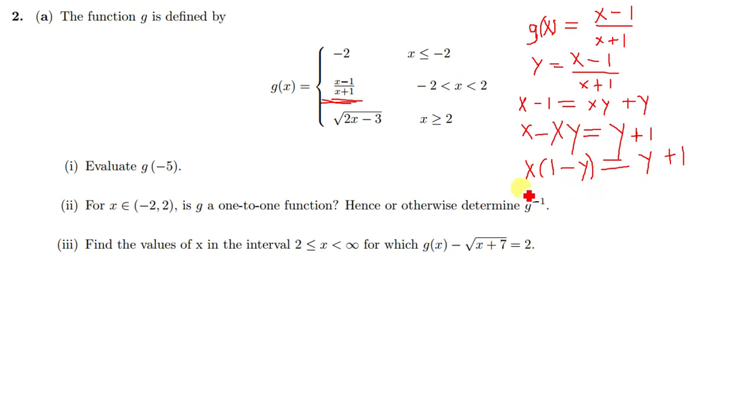Then you divide by, sorry, not dividing by x, but dividing by 1 minus y. Even this side you divide by 1 minus y. So after dividing, you can see that this and that are cancelling, so we're just remaining with x being equal to y plus 1 over 1 minus y.